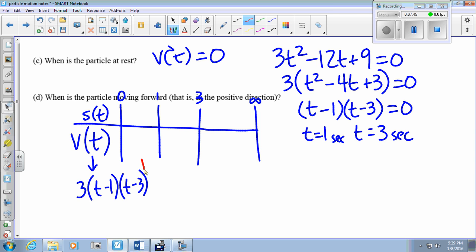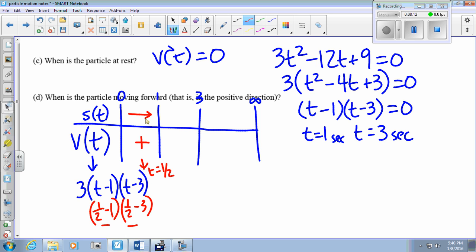So for the first interval, I'm going to test it with t equals a half. So I only need to think about is 1/2 minus 1 positive or negative, and 1/2 minus 3, same thing. So I get a negative times a negative, which gives me a positive. And if my velocity is positive, my particle is moving forward or to the right.